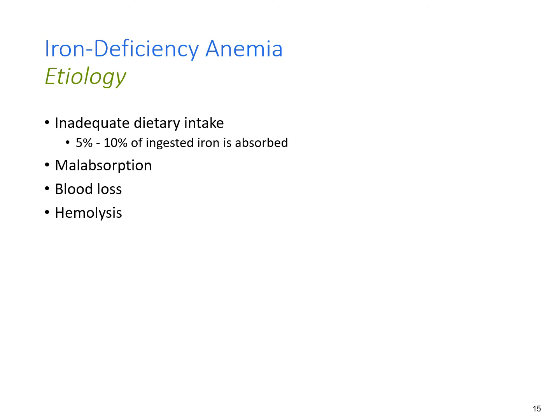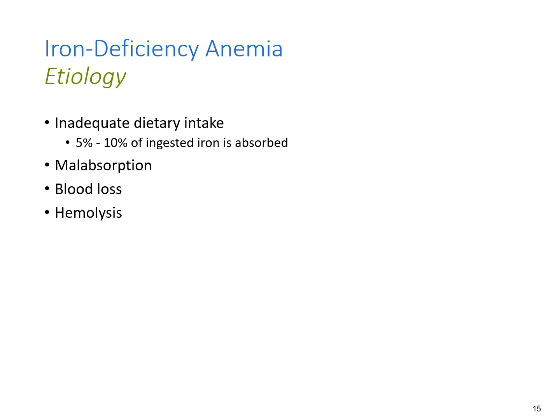All right, so we're going to unpack some of these things and talk about them a little bit more. We know that iron absorption happens best in the duodenum. So any malabsorption specifically involving a disease of the duodenum, where absorption is not going to happen, is going to be a problem.